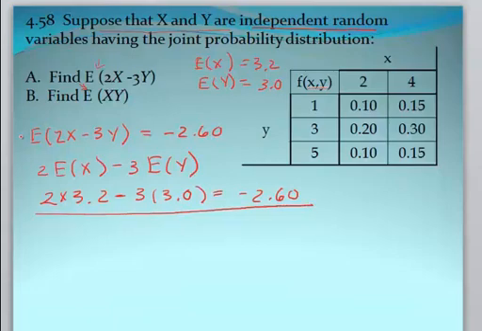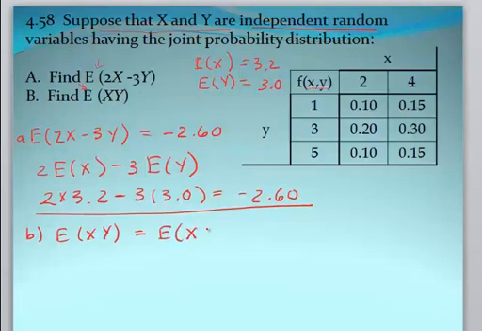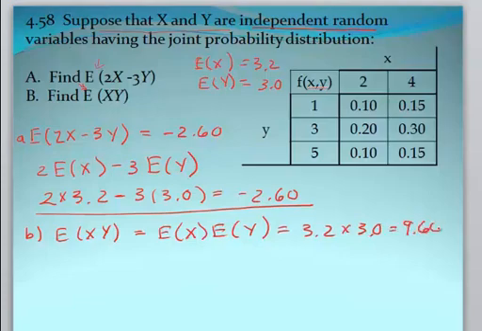That's part A. And part B, we want to find the expected value of x times y. So we know because it's independent, we can actually say it's E of X times the expected value of Y. And so that's just 3.2 times 3.0, which is 9.6.